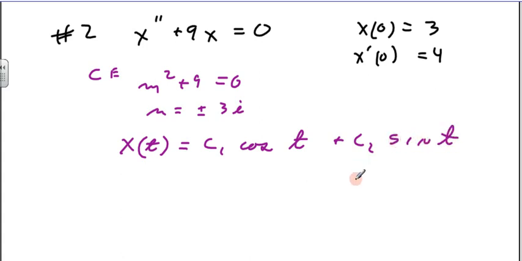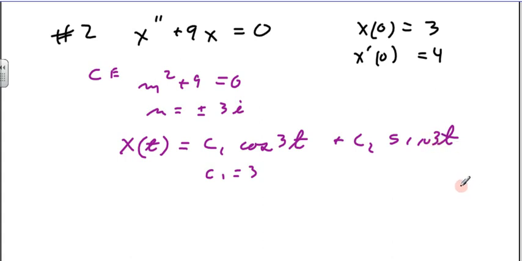And if x at 0 has to be 3, that implies c1 is equal to 3. So anyway, we can solve the problem. That's the whole point. We have a 3 here, and we got a 3 there.